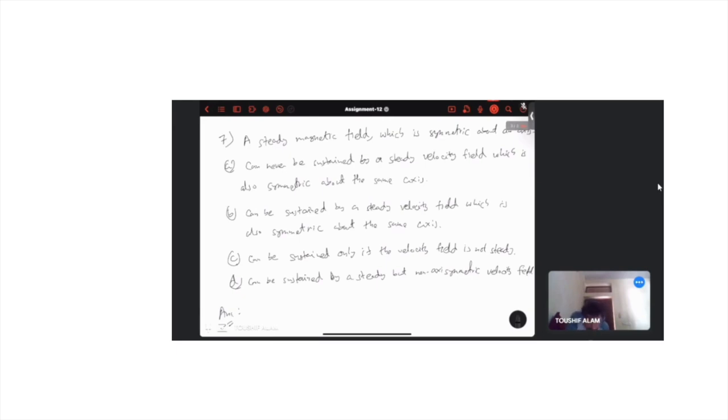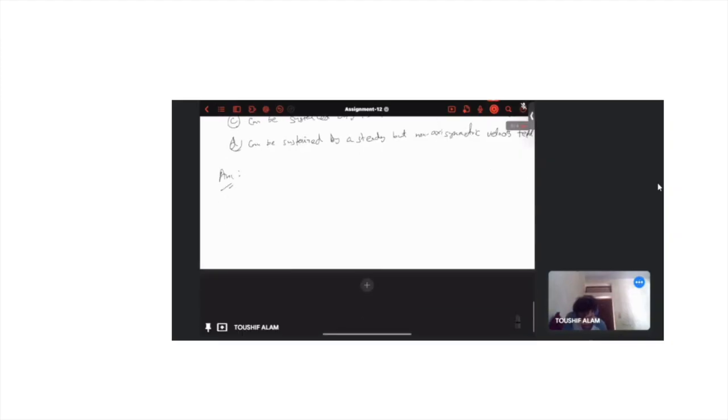So let's imagine a steady magnetic field which is symmetric about an axis. Suppose it is like this.